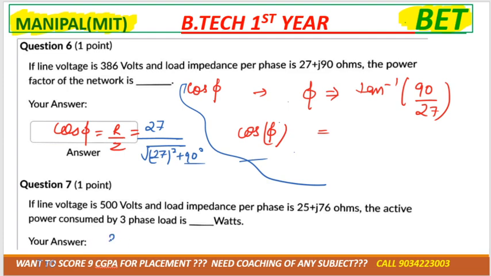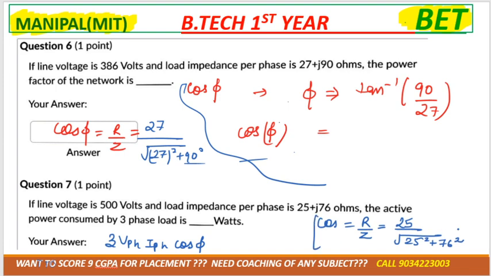See, the active power formula is 3 VPH IPH cos phi, right? So cos phi is how much? R by Z. R is 25, Z is the root of 25 square plus 76 square, right? And we need to get IPH also. IPH is VPH divided by ZPH, correct?